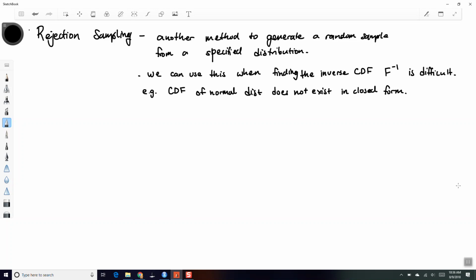And I guess for our purpose, we will start off with the uniform case of rejection sampling, and we will say we've got a PDF of sin x.